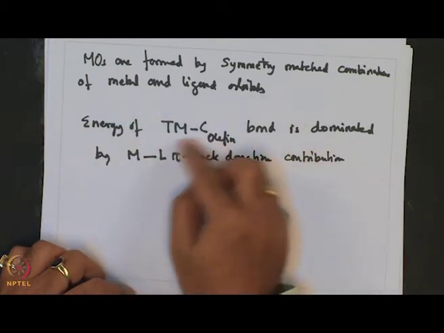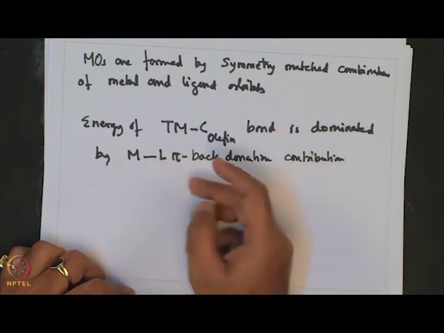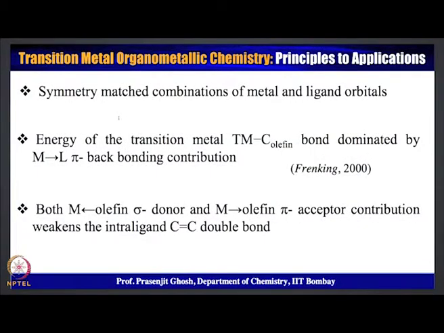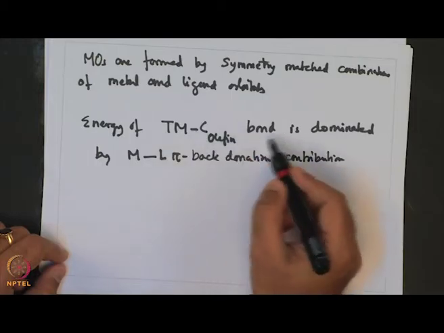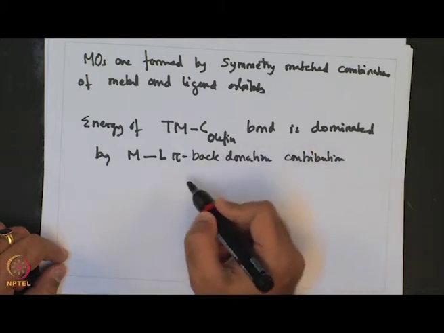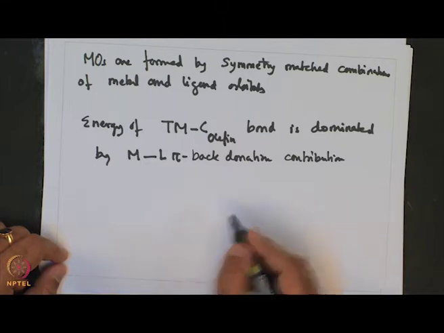So, the transition metal olefin bond dissociation energy is dominated by metal to ligand pi back donation, and that is very crucial information, because then one can look at the bond dissociation energy and have an insight as to the extent of forward sigma donation and pi back donation that is occurring in these complexes.